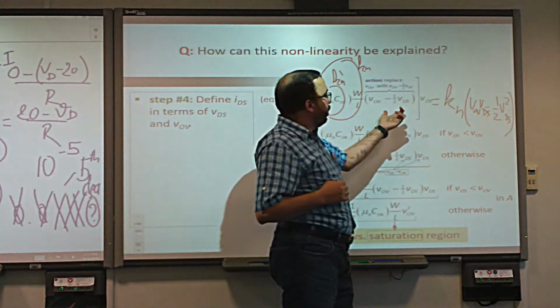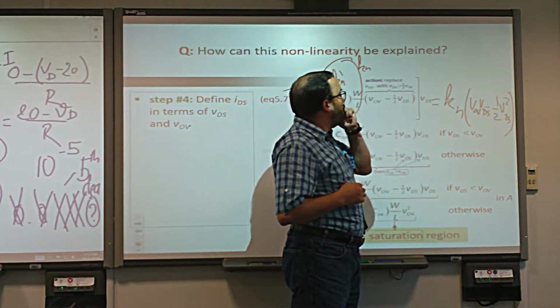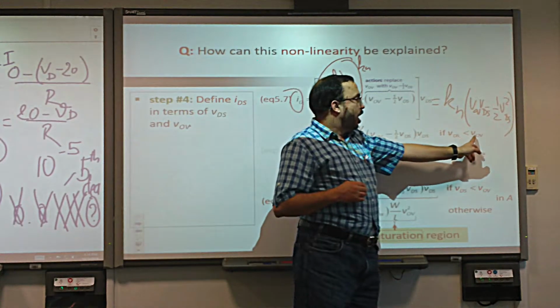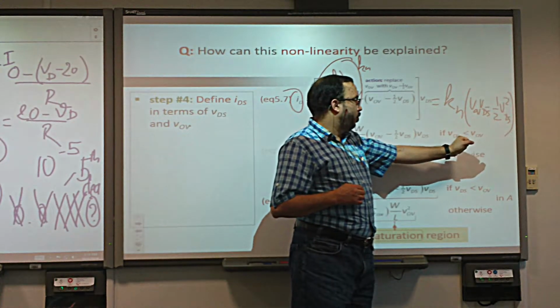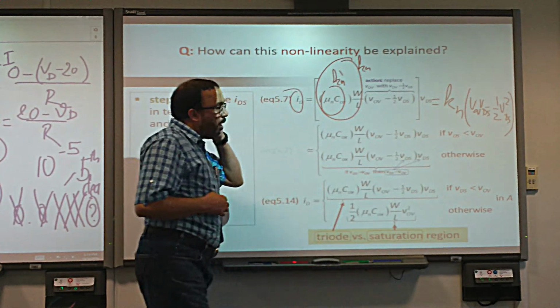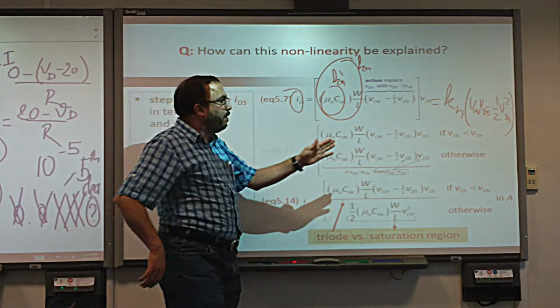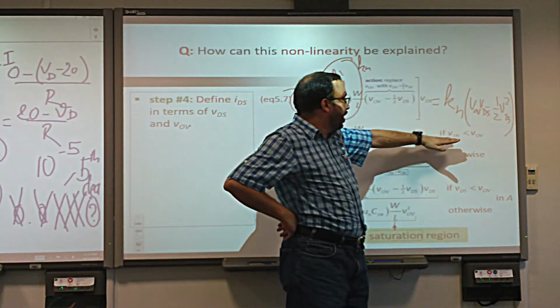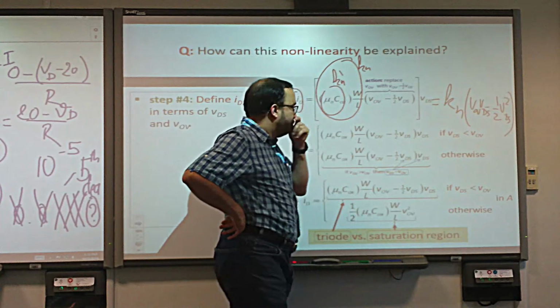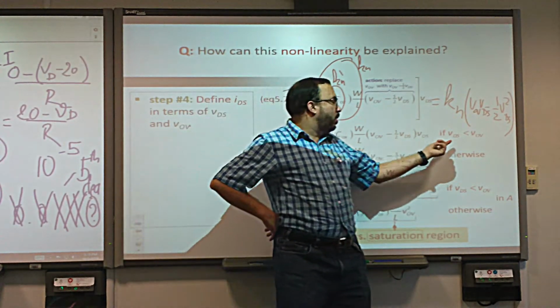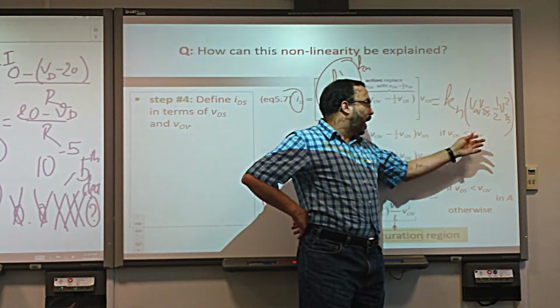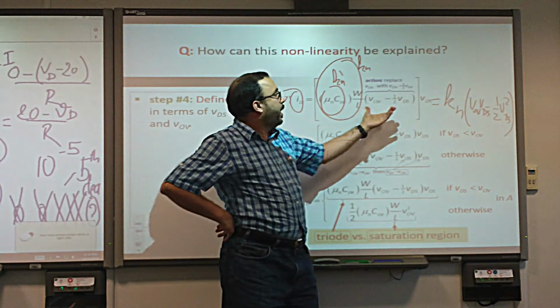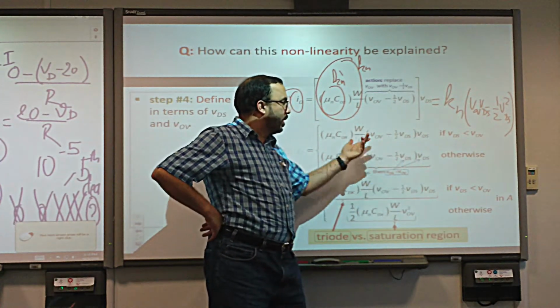But the condition for this is that VDS should not be above V overdrive. Why? Because when VDS reaches V overdrive, something happens to the channel at the drain. We'll explain that in a second. So for values of VDS less than the overdrive, of course positive, this expression is valid and we'll use it.